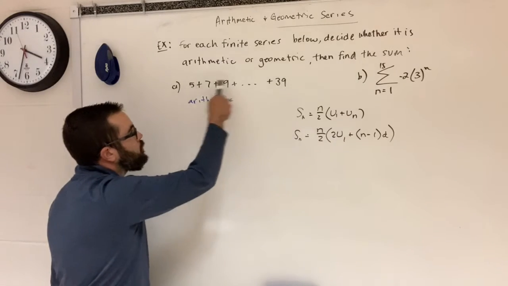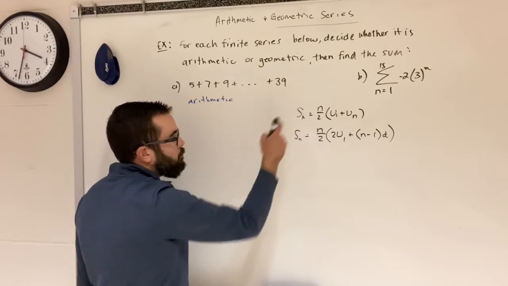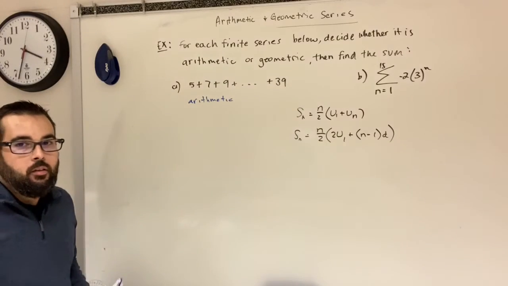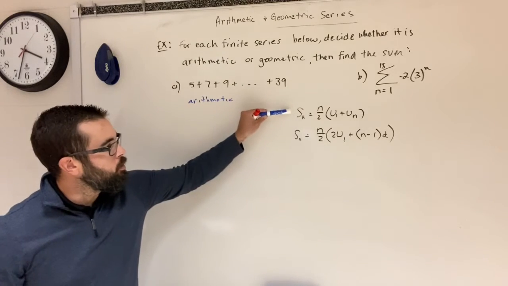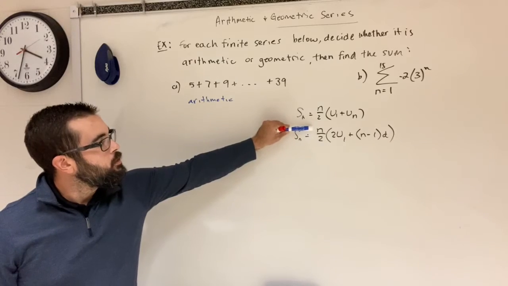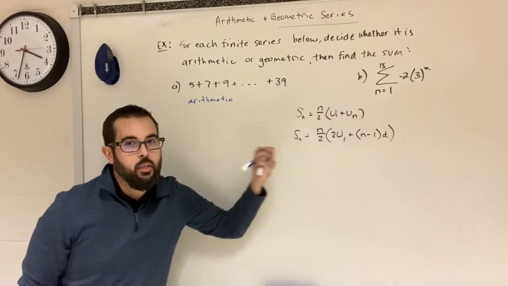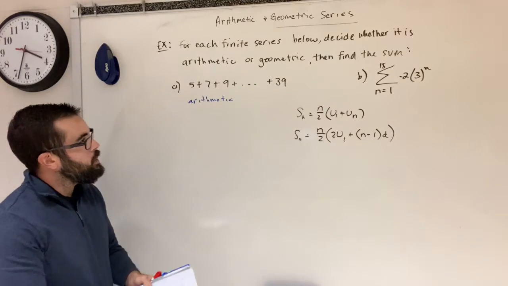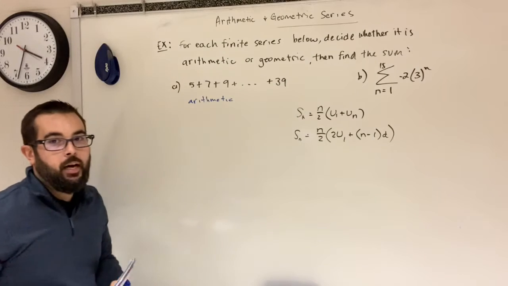Well, we have the first term, we have the last term. However, the number of terms is unknown. So we need to solve for the number of terms if we want to use this one. Now, if we want to use this one, we need to know the number of terms to go here and here. We know the common difference, so either one you use, you need to find the number of terms in this series. So how do we do that?